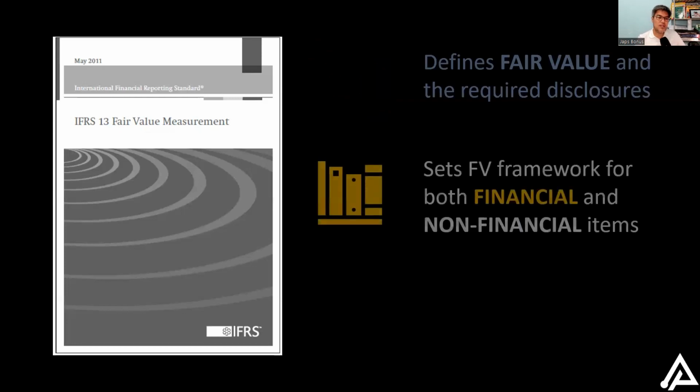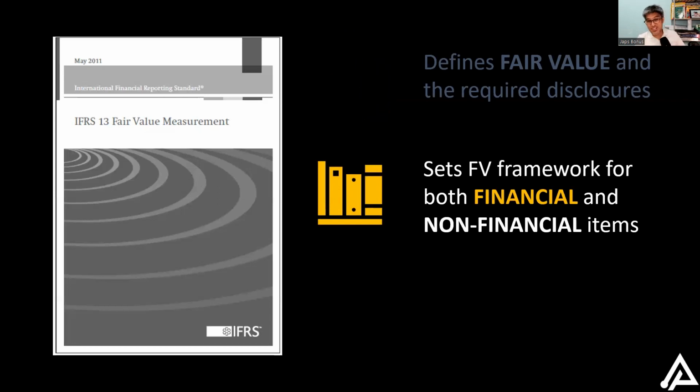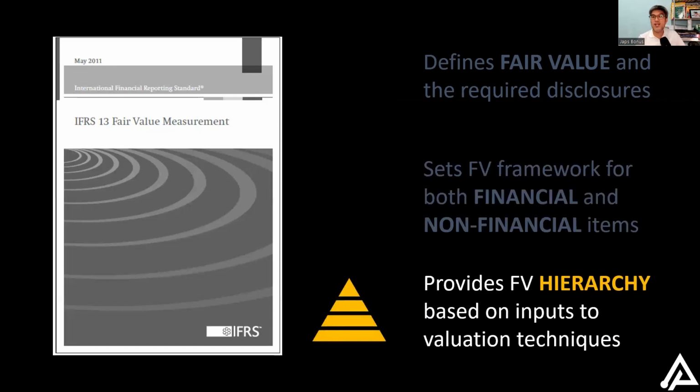Now, IFRS 13 likewise provides or sets the fair value framework, not just for financial instruments, but even non-financial items. It also provides a fair value hierarchy. Kanina po si ECL, di ba? May stage 1, stage 2, stage 3. Si IFRS 13, meron siyang level 1, level 2, level 3.